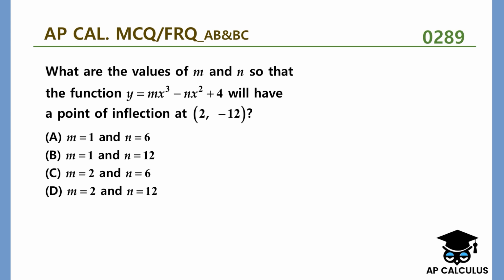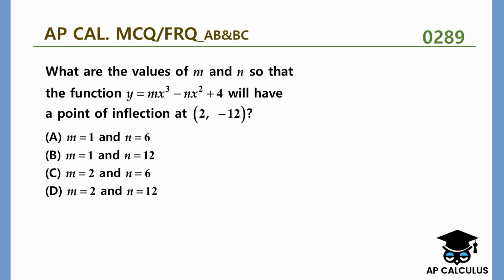Question 289. What are the values of m and n so that this function will have a point of inflection at 2, -12? So this function y has a point of inflection at this point, right?